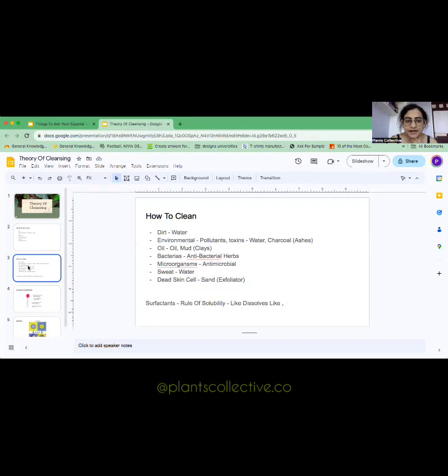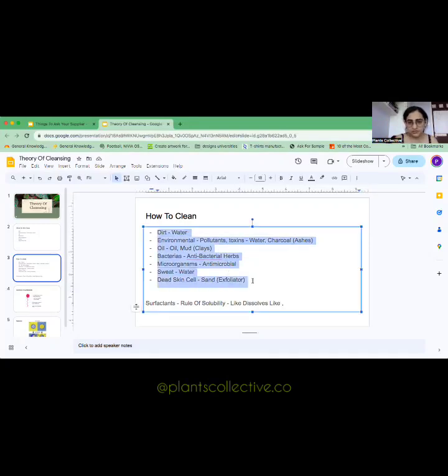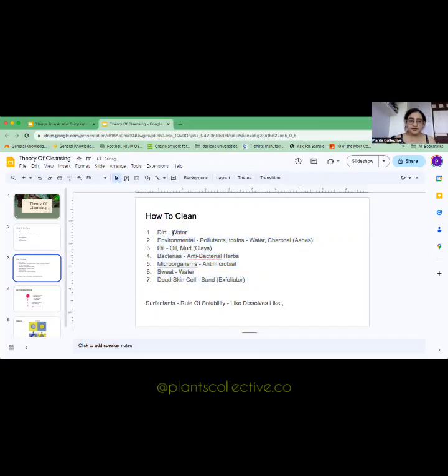I would want you to also write these pointers down. I'll be sharing this, but I think it is better that you write it down as well. There are 7 types of things that you need to clean.